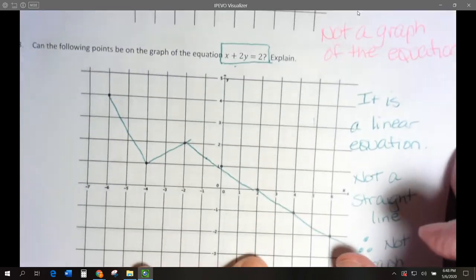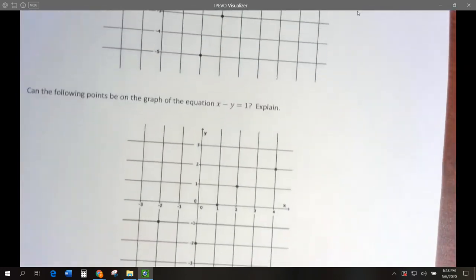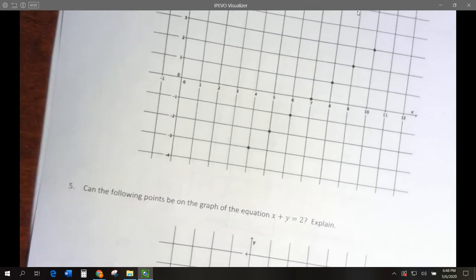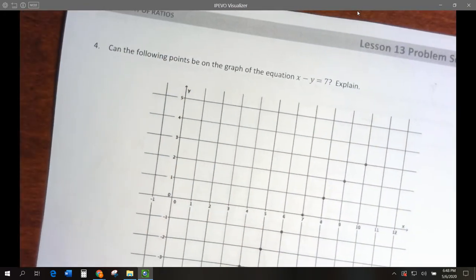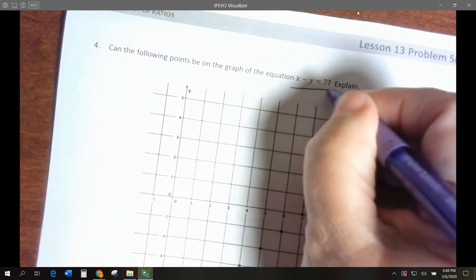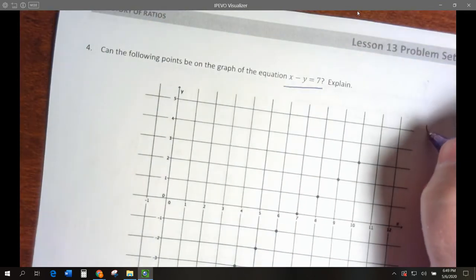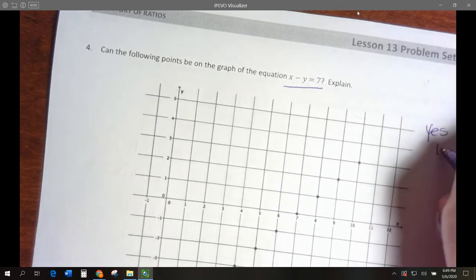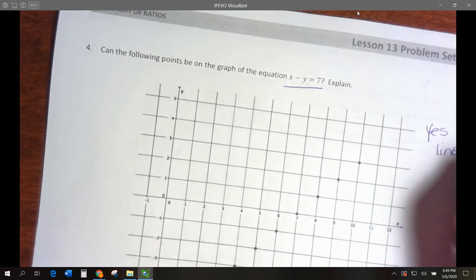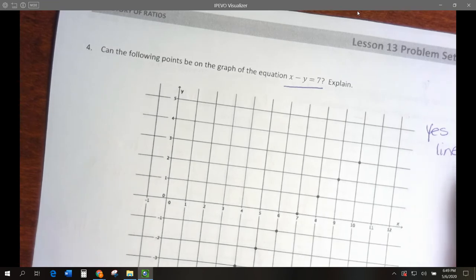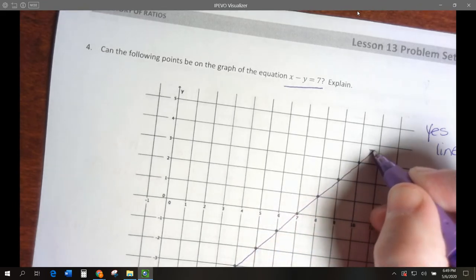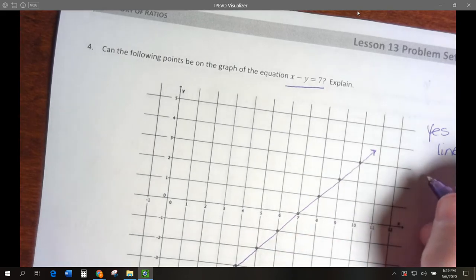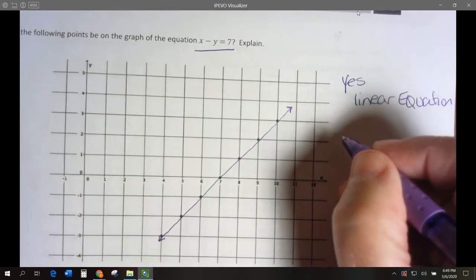Okay, let's go on to number 4. Let's look at our equation. It is a linear equation, so yes, it's a linear equation. Now let's connect our points. Is the graph the straight line? Okay. Yes.